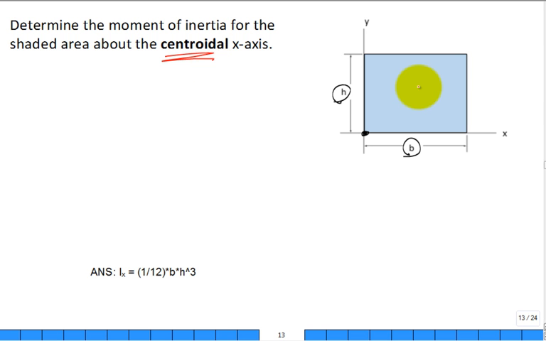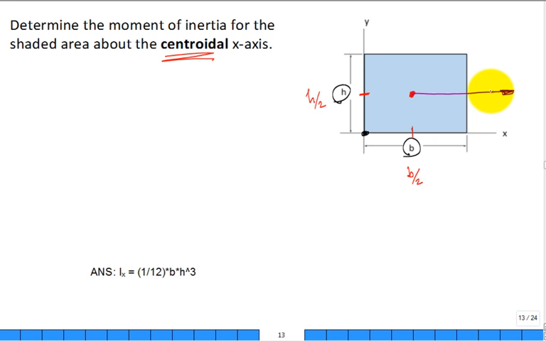You have a centroid. Can you guess where that centroid is located on the x? How about b over 2? How about in the y? h over 2. Isn't that the location of the centroid of this little area? That's pretty easy. And then you can introduce an x-axis which is parallel to our original x-axis, going through the centroid.